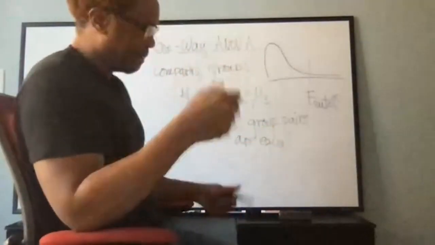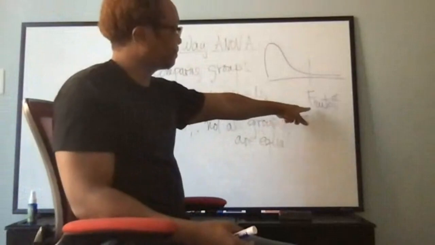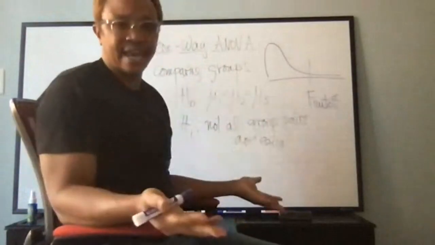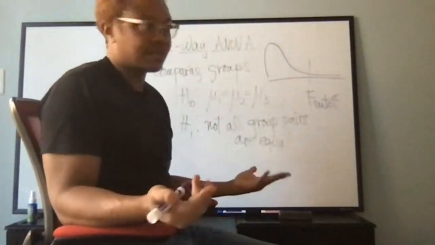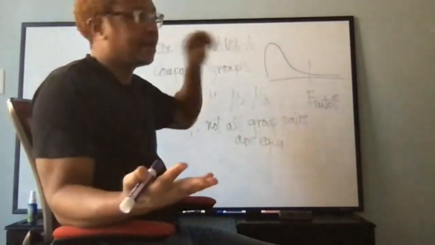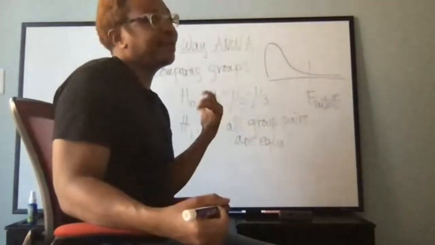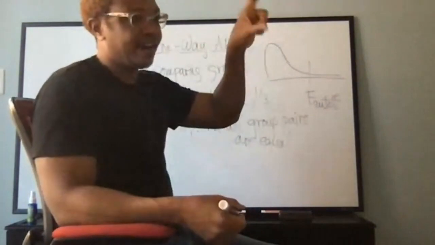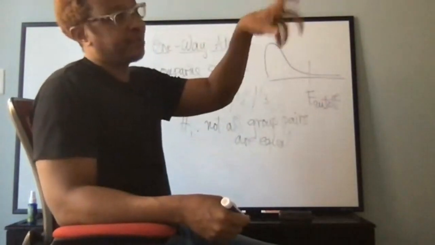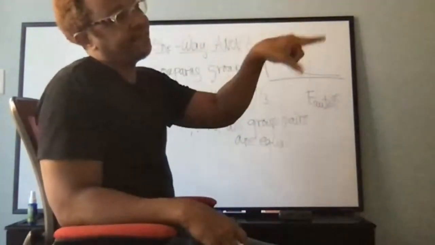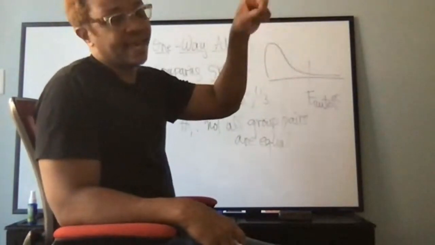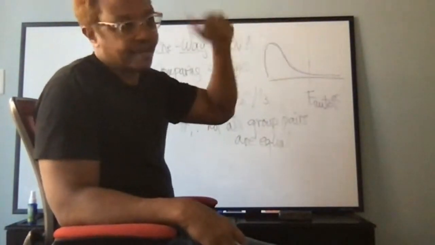It wasn't really a trick, but whenever it asks you for an F cutoff, you have to use the table for that. For example, in this case, you have to use the F table. Now, in the printout, you may have seen an F value, but the F value that you see in the printout is the F test statistic, not the F cutoff.